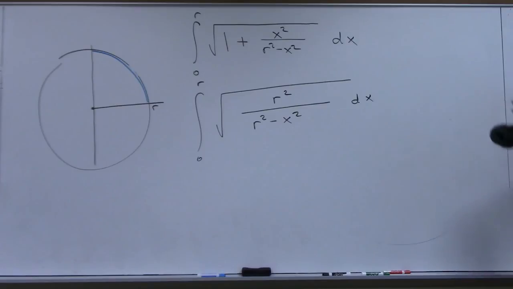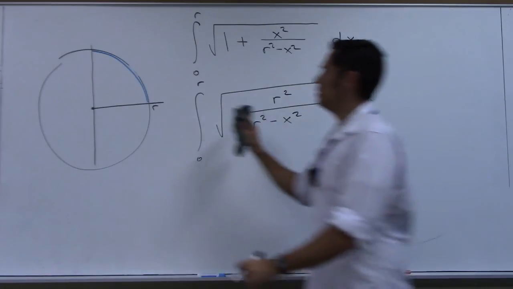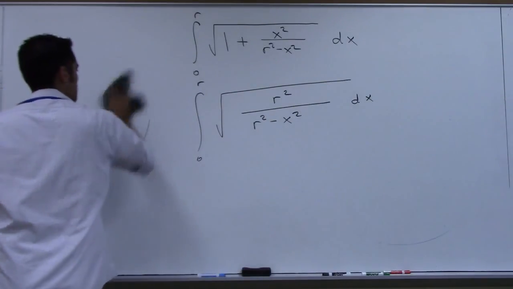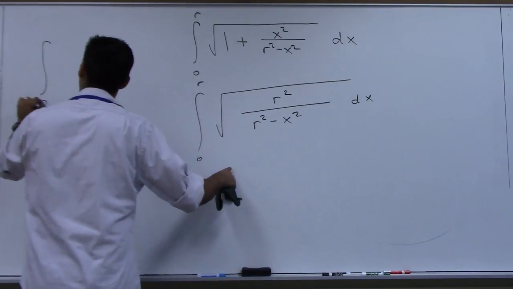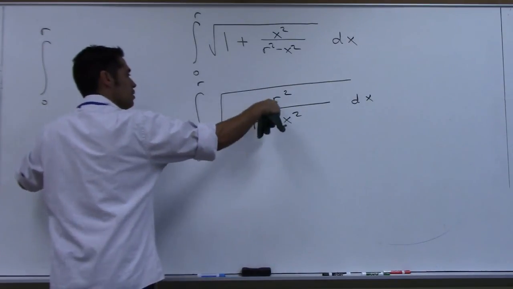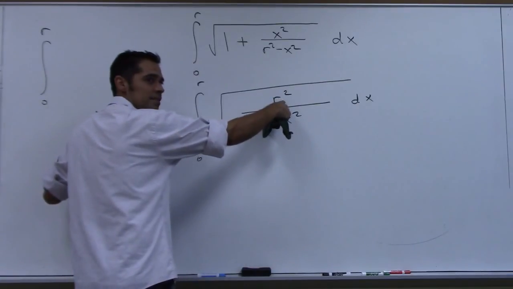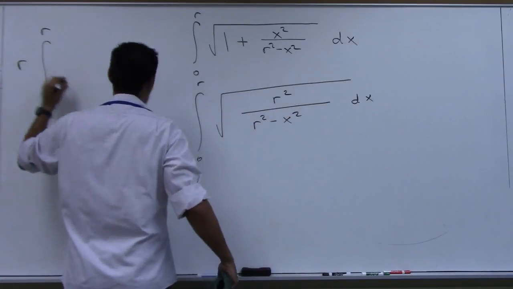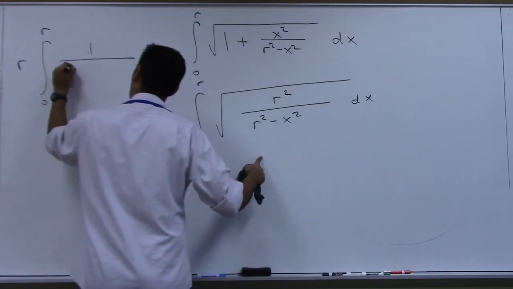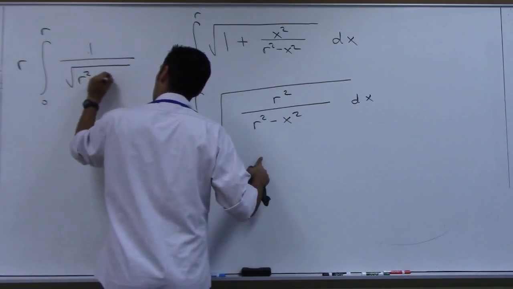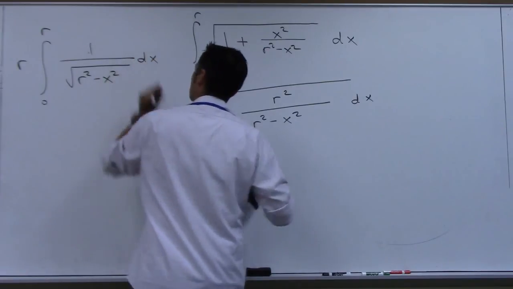Can I split this into 2 roots? Root on top, root on bottom? Yes? What's the square root of r squared on top? R, that's a constant. Pop it out. R. What's still left? 1 over square root r squared minus x squared dx.